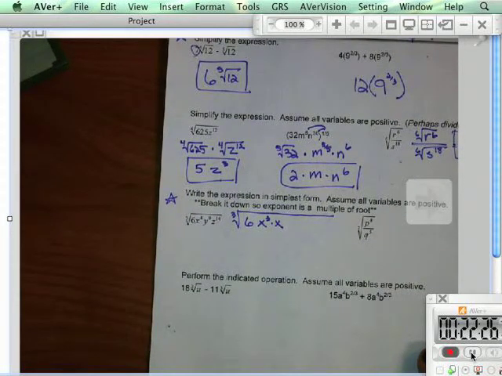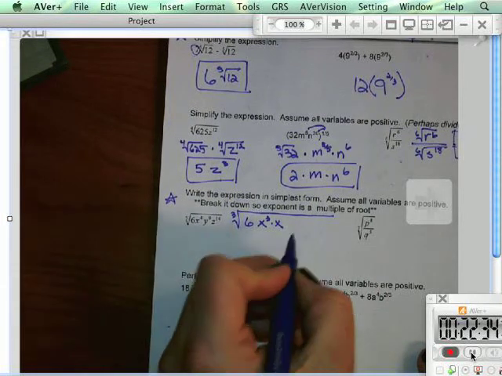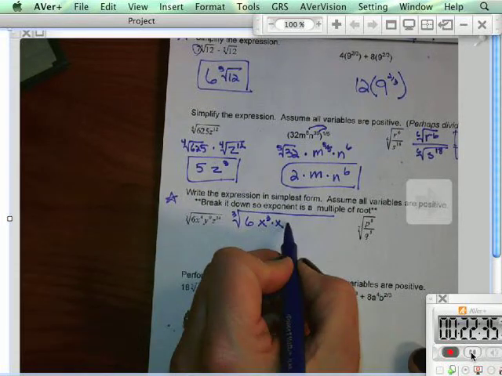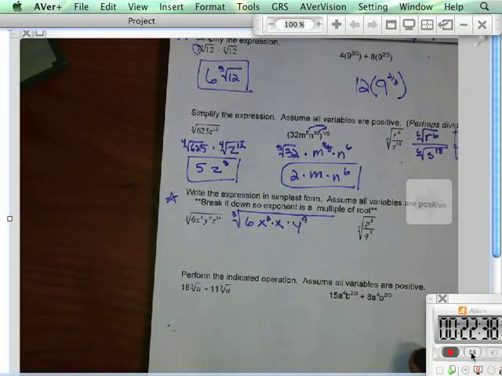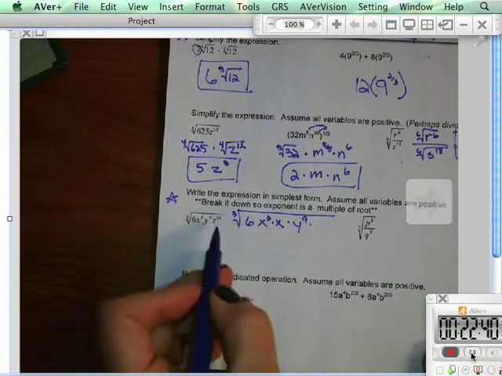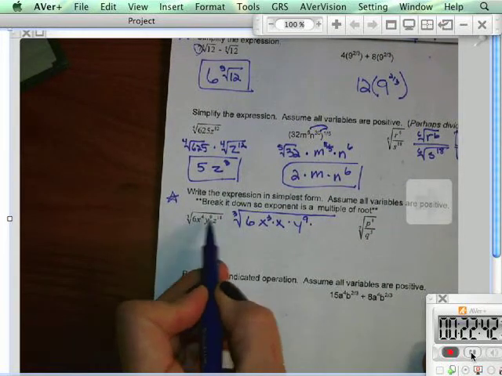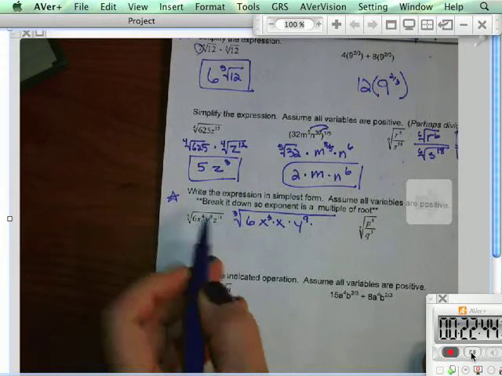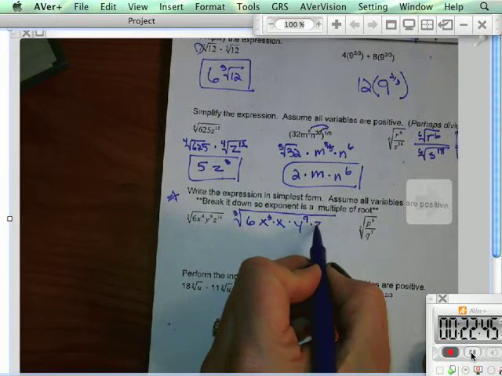Why would I do that? Because I can take the cube root of x cubed. Okay. Y to the 9th, I'm just going to leave it as y to the 9th, and I'll show you why. Z to the 14th, I'm going to look at multiples of 3, so I'm going to write it as z to the 12th times z squared.